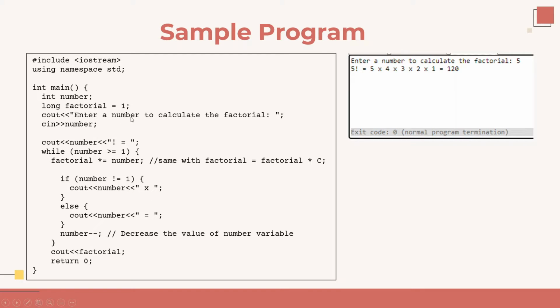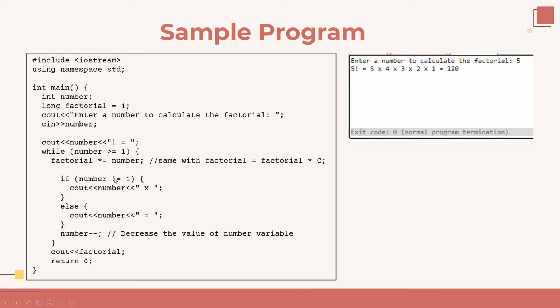And then cout "Enter a number to calculate the factorial", and then cin number, so the user can insert a number. And then cout number, factorial sign, and then equal sign. While number more than 1, we calculate the factorial by this statement: factorial star equal sign number. It means that we calculate the factorial by multiplying factorial by the number.